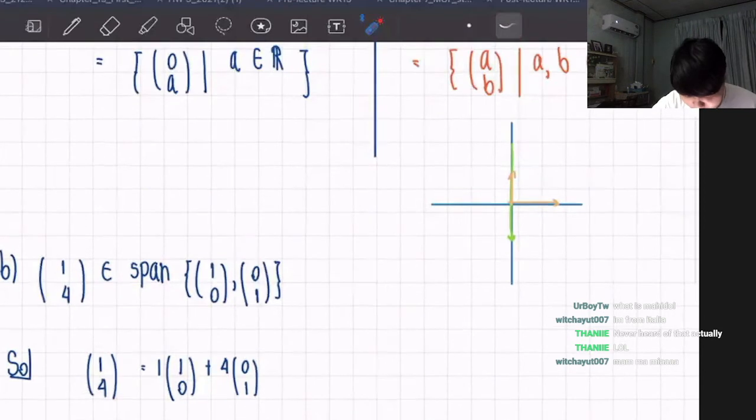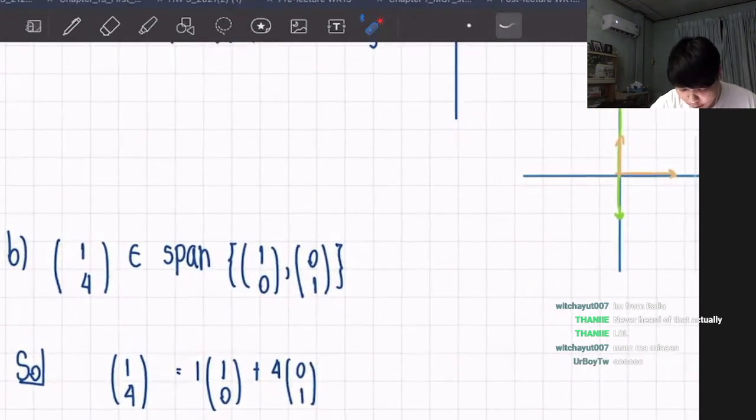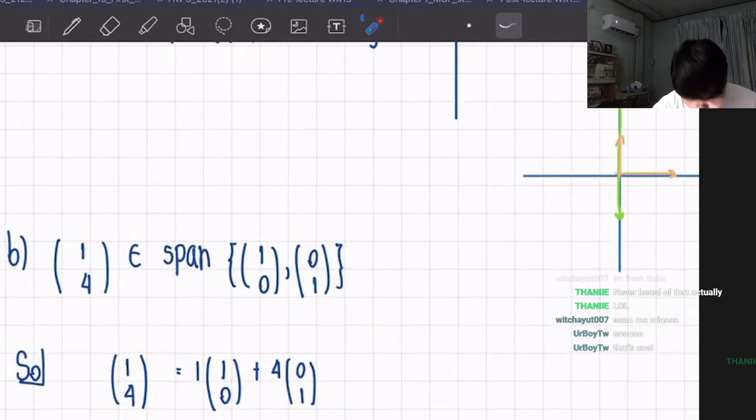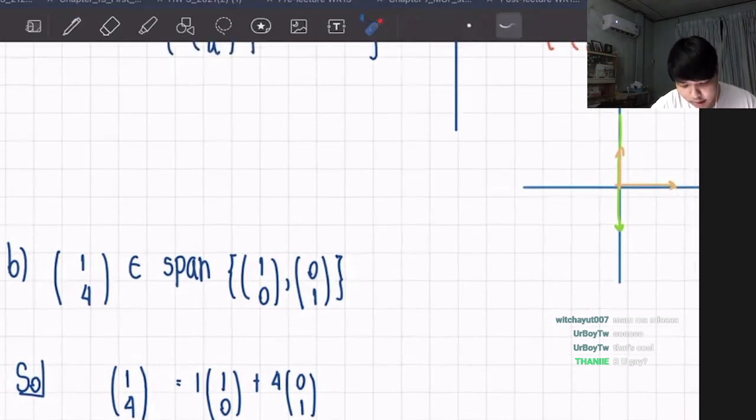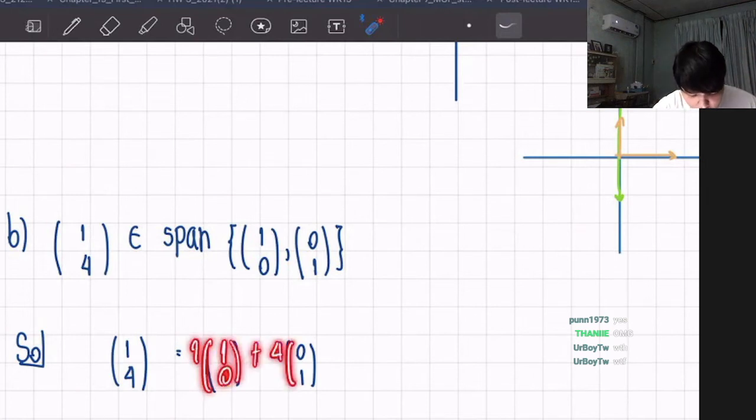And the next question is very easy. The vector (1, 4) is an element of the span of (1, 0) and (0, 1). First, we write the vector (1, 4) as 1 times (1, 0) plus 4 times (0, 1).